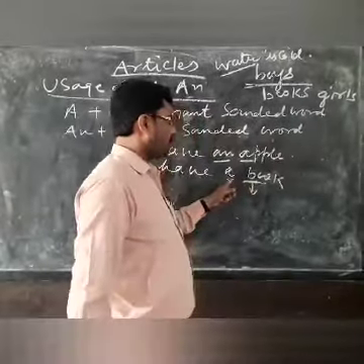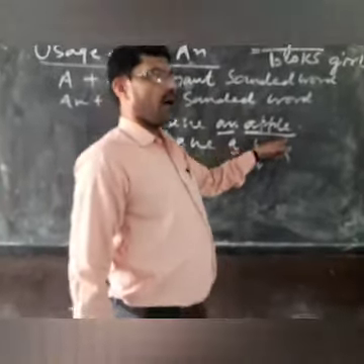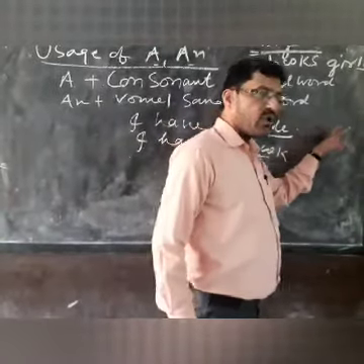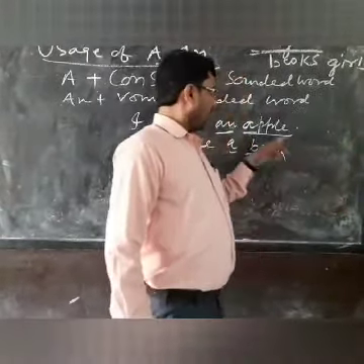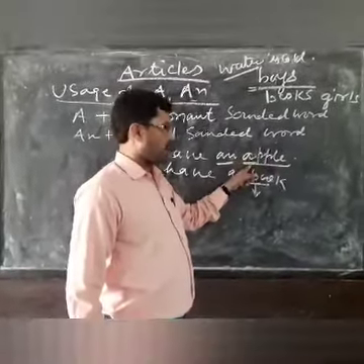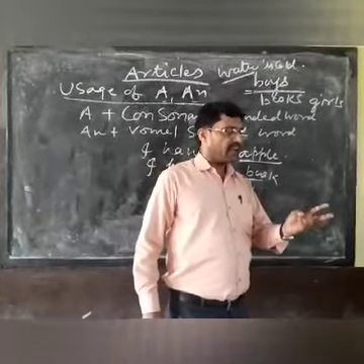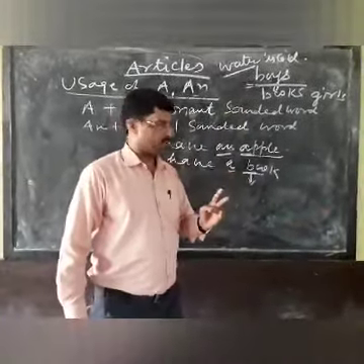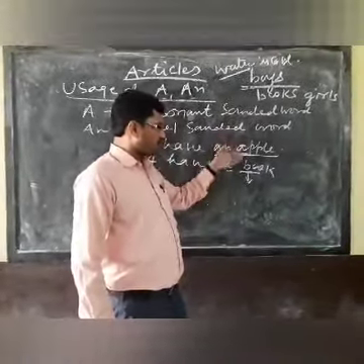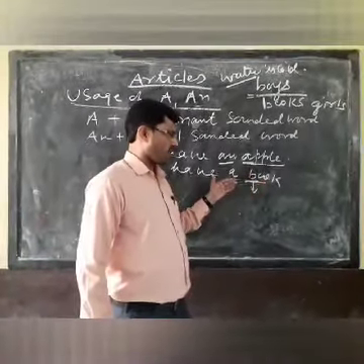So use a. Again, apple is also a singular countable noun, and it begins with the first letter A. A, E, I, O, U are vowels. So before vowel sounded words we use an and before consonant sounded words we use a.